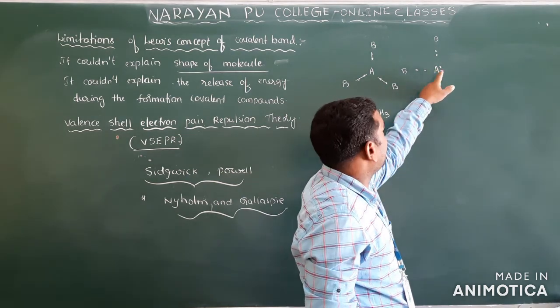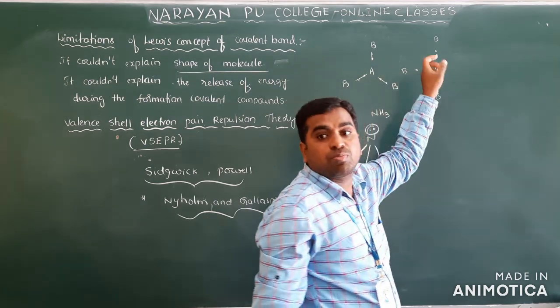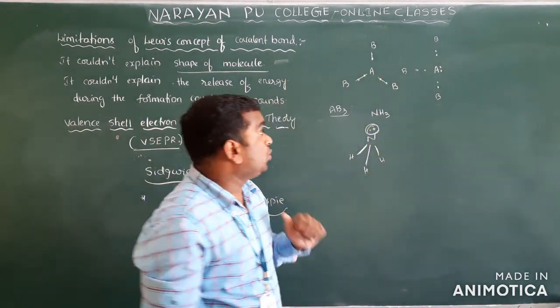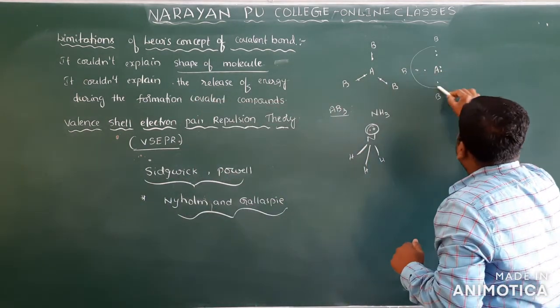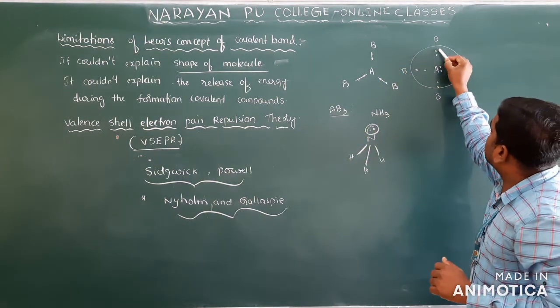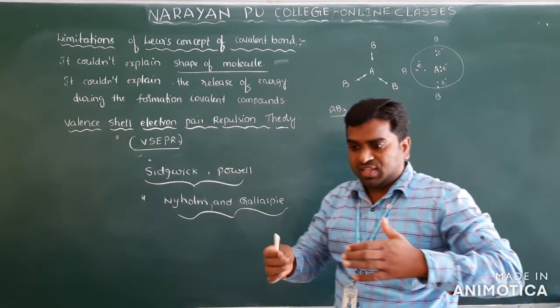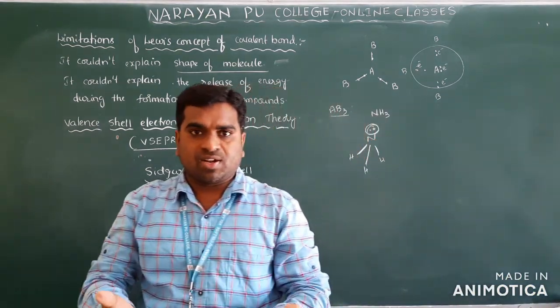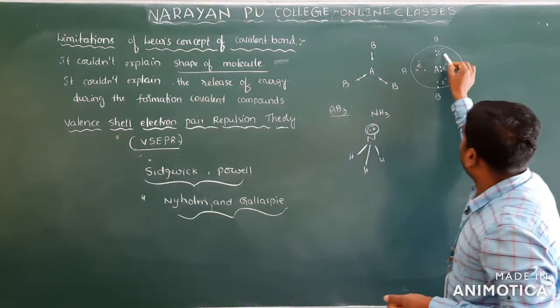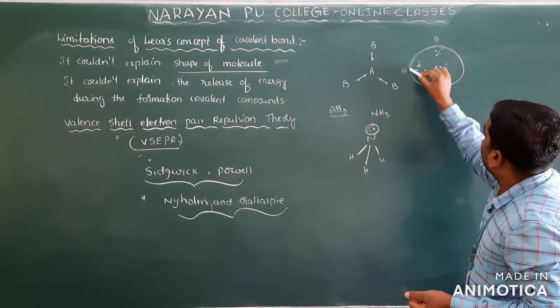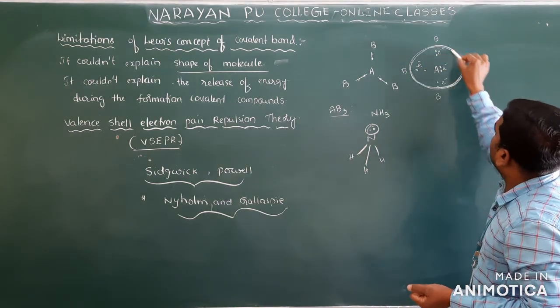Those are bond pair electrons, and there can also be lone pair electrons. You know that the electrons around the central atom have a negative charge, and same charges repel each other. So there will be repulsions among the pairs of electrons.